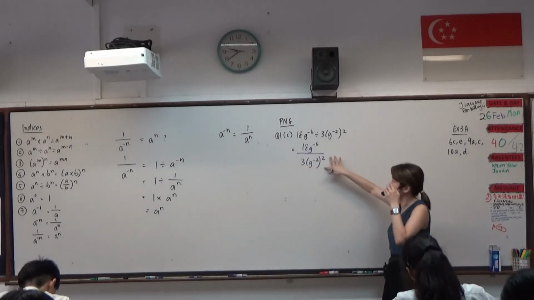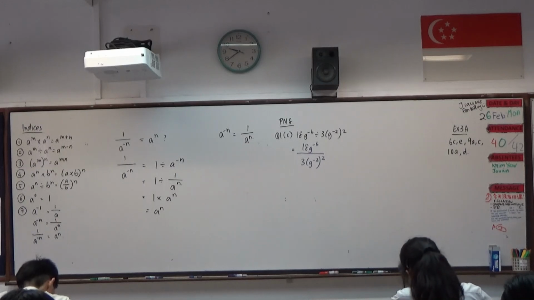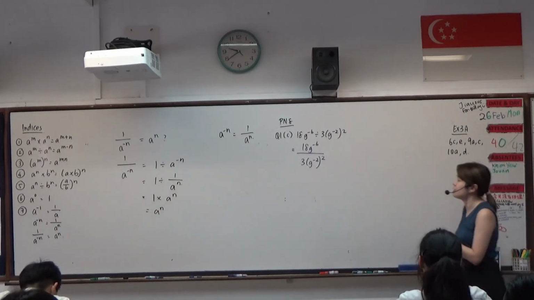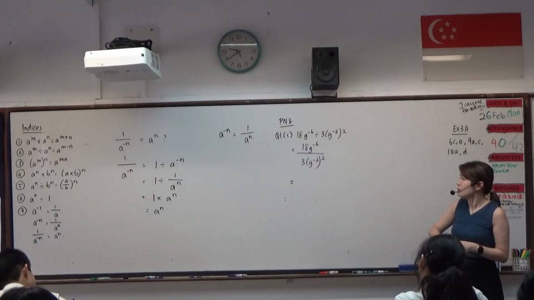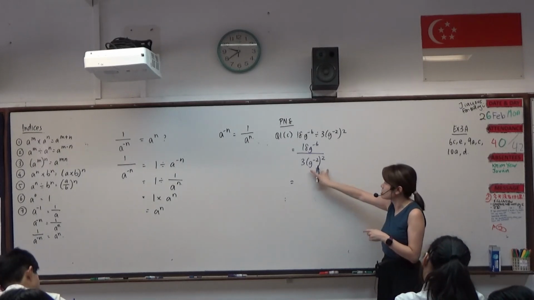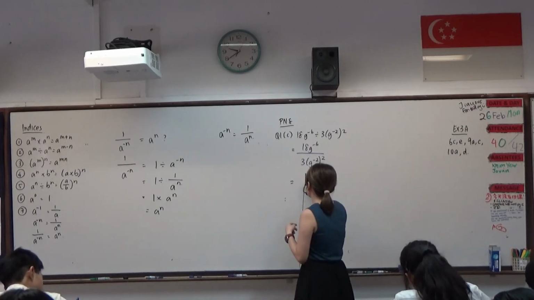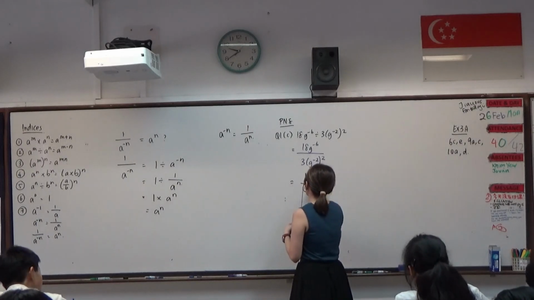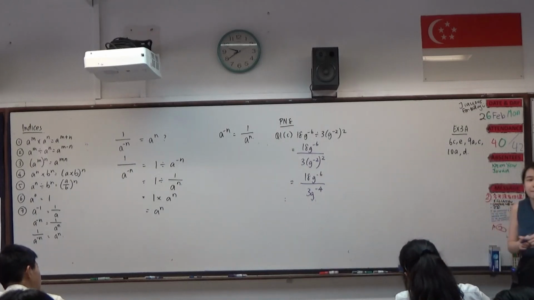So you may express it in this manner, which will facilitate your application of negative powers. Before we do any shifting, we will first handle this g to the power negative 2 followed by a square, for which I can apply my law number 3 and get g to the power of negative 4.